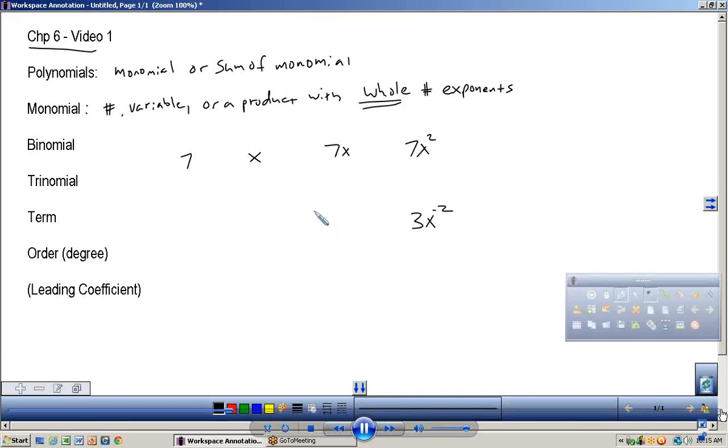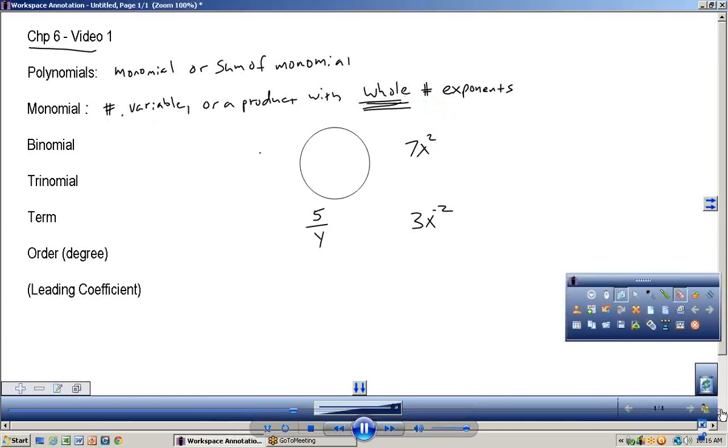And anytime you see, like, 5 over y, that means a negative exponent on the y. We'll get to that in the next video or two. Anytime you have the variable on the bottom of the fraction bar, its exponent is negative, and so it's not a whole number exponent. So a monomial is a number or a variable or a product of those, with whole number exponents. Okay? So that's what a monomial is.